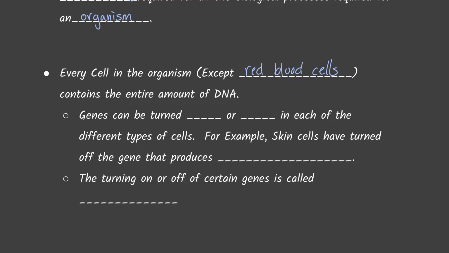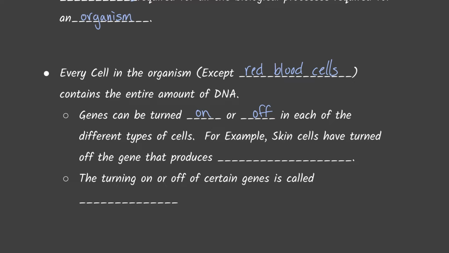So later on, you're going to learn about these base pairs and how they match up. Every cell in our body, except for red blood cells, has those 6 billion base pairs. But in different cells, genes can be turned on or off depending on the function of that cell.